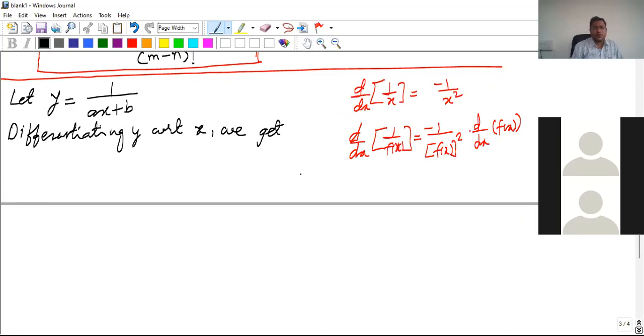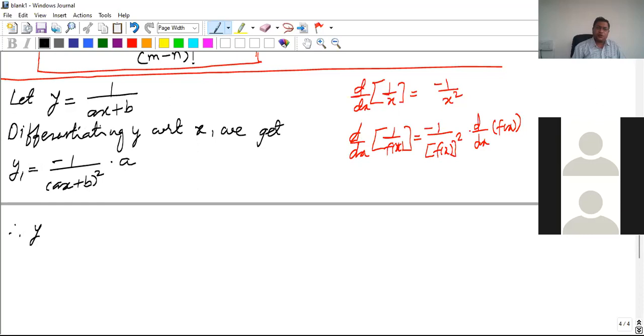We have this. Okay, so what do we get here? Suppose we have y1, then this will be minus 1 upon ax plus b bracket square. And now the derivative of this term. What will be the derivative of this term? It is a.